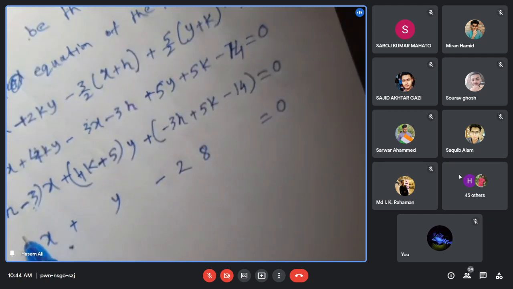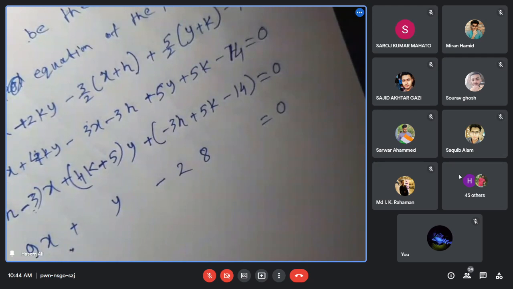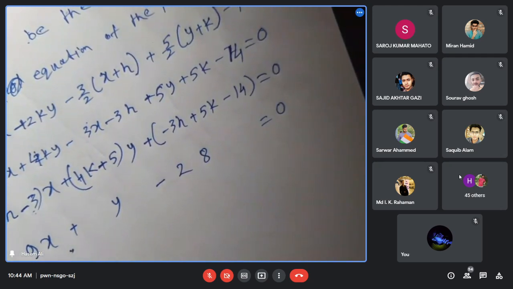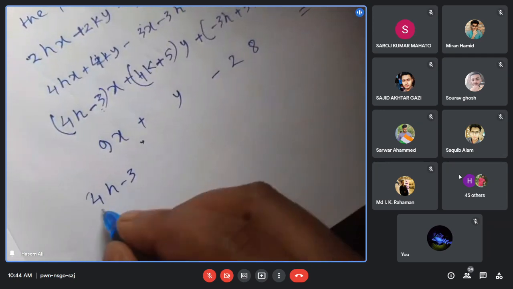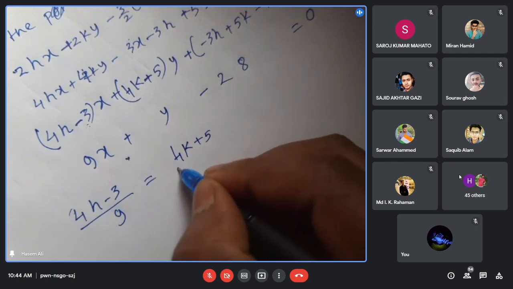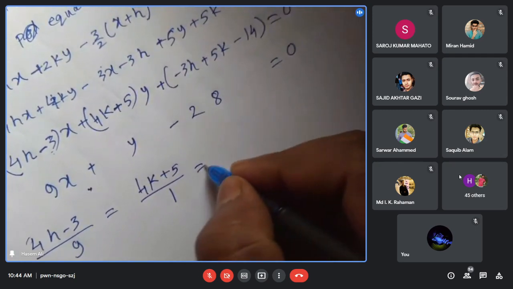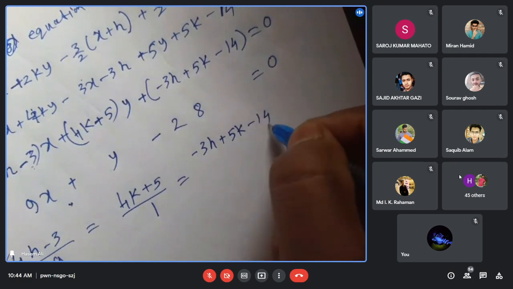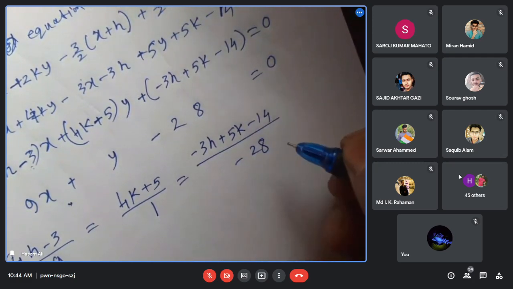So these two equations are identical. By comparing, we have (4h - 3)/9 = (4k + 5)/1 = (-3h + 5k - 14)/(-28).